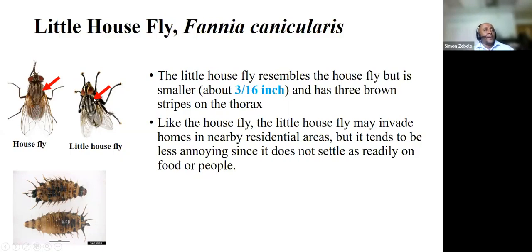The other difference is that, like the housefly, the little housefly may invade homes in nearby residential areas, but it tends to be less annoying since it does not settle as readily on food or people. Another difference is that in the housefly, the larvae are maggots, but in the little housefly, they look like a pupa, or they are hairy, as you can see.